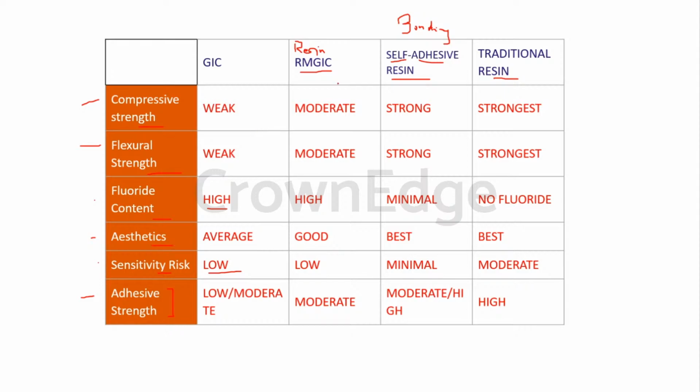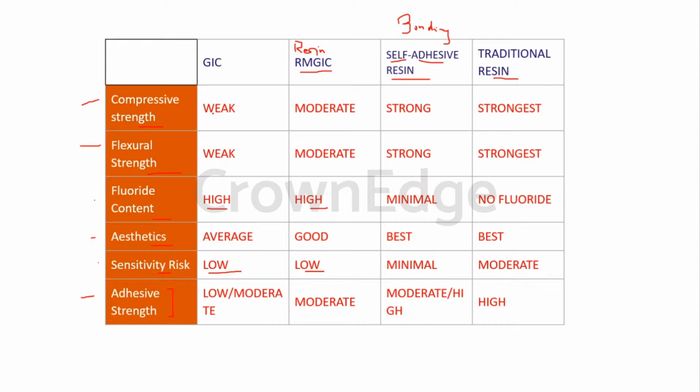Your resin modified GIC has moderate strength, very high fluoride content, and low sensitivity risk. So it is the best of both worlds. You should see what question you're asked in your NEET with regards to compressive strength, flexural strength, or sensitivity risk.